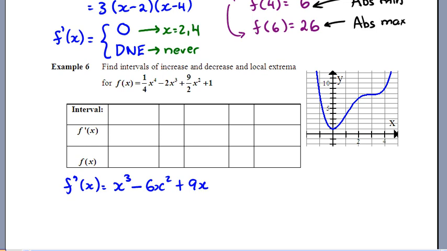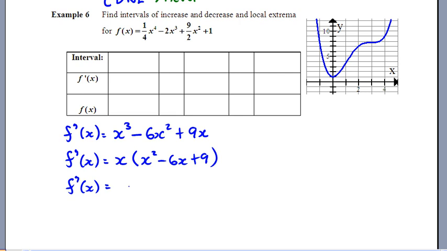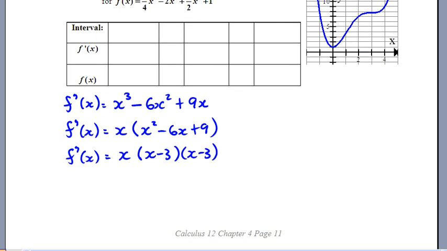I need to know when that thing is 0 or busted, so I'm going to start factoring this thing. I can extract an x, and then I have x squared minus 6x plus 9. Actually, this one's going to factor with a binomial squared. We're going to have x, and then an x minus 3 in there twice. Sure, you can write that with a square, or you can write it like that. Okay, let's look for critical points.